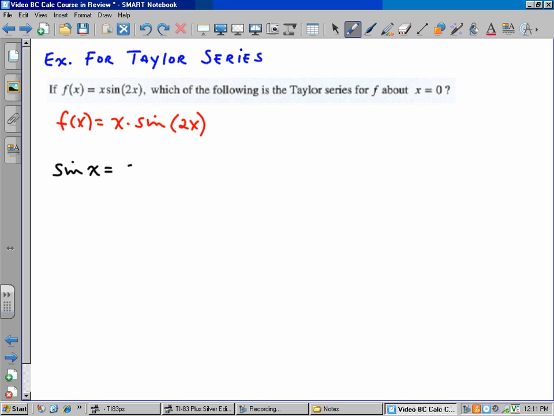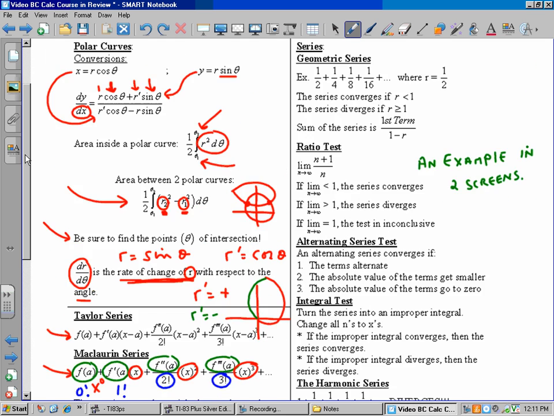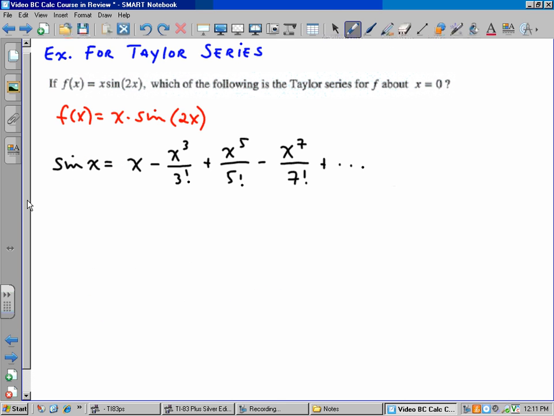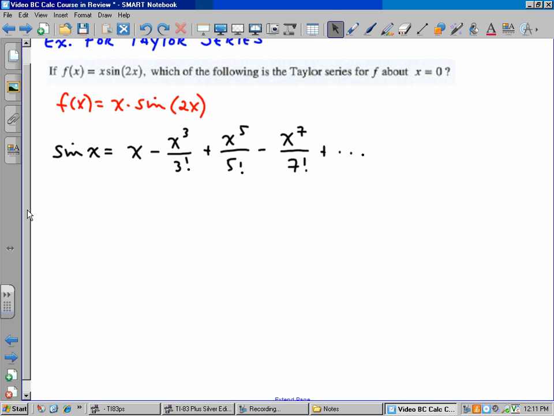Do you remember that? It's x minus x to the third over 3 factorial plus x to the fifth over 5 factorial minus x to the seventh over 7 factorial, and so on. All right, that is the Maclaurin for the sine. So if I then try to write the sine of 2x, all I would be doing is taking 2x and plugging it in wherever I saw an x.